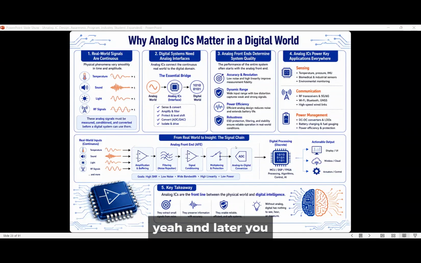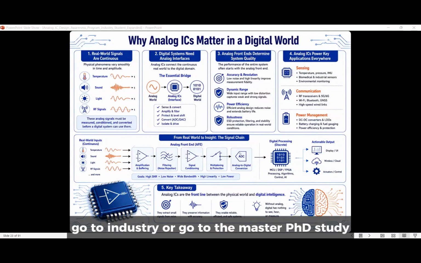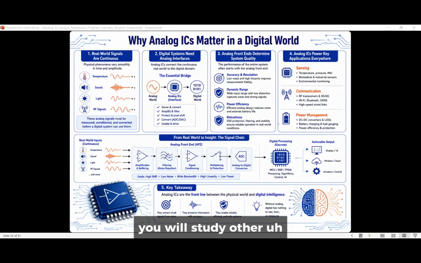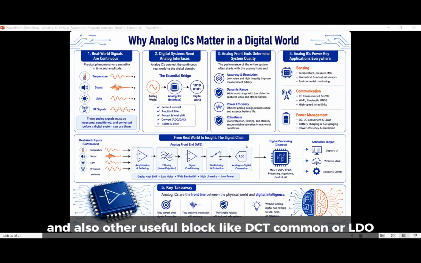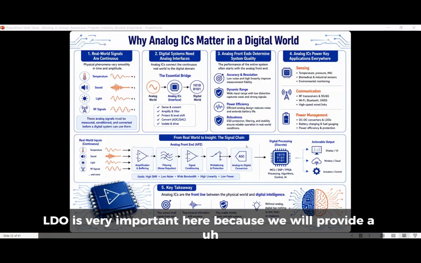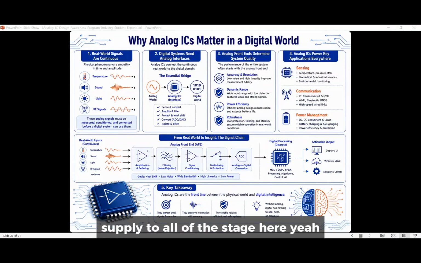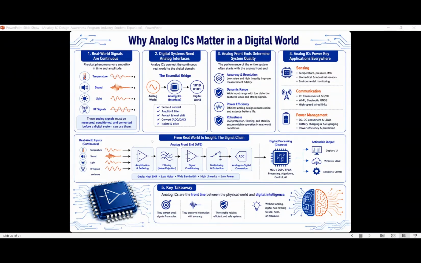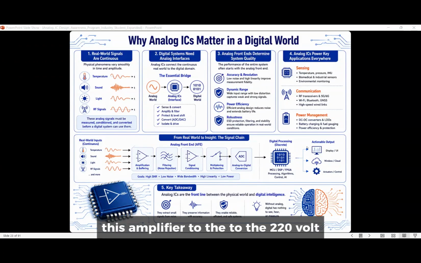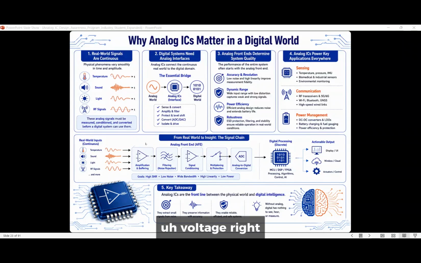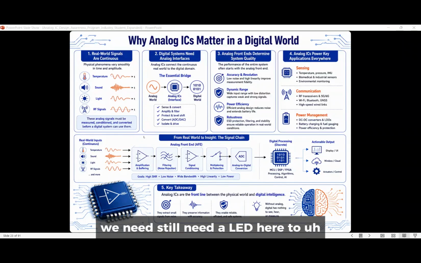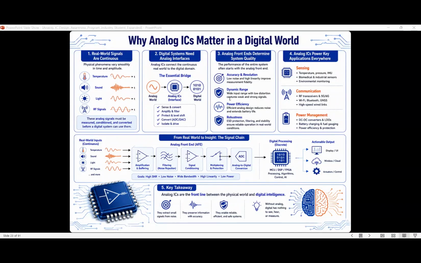Later, after you go to industry or to master's or PhD study, you will study other complex blocks like the ADC, and other useful blocks like DC converters or LDOs. The LDO is very important here because we provide a supply to all of the stages. As we know, we cannot directly connect this amplifier to the 220 volt supply. We still need an LDO to convert the voltage.